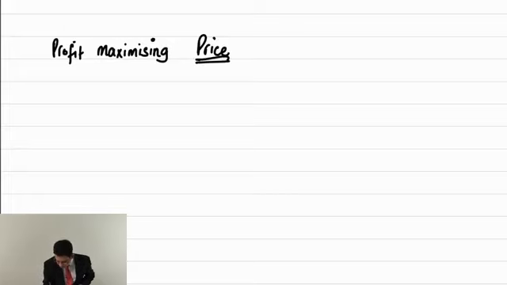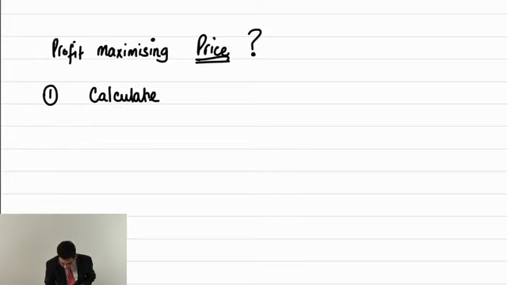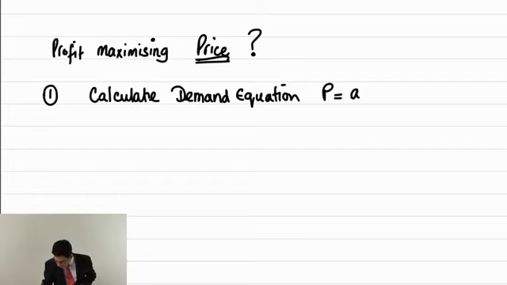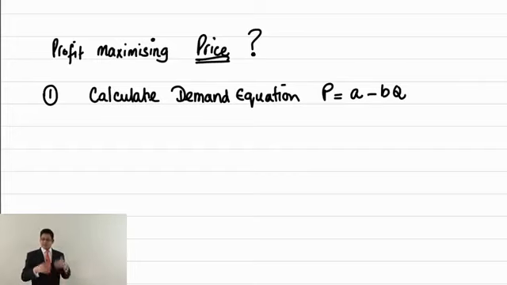In order to calculate this profit maximizing price, step number 1: calculate the demand equation, which is P equals A minus BQ. Step number 1 takes literally 2 to 3 minutes if you do the practice. Remember, we've just calculated this demand curve equation, which was P equals A minus BQ.